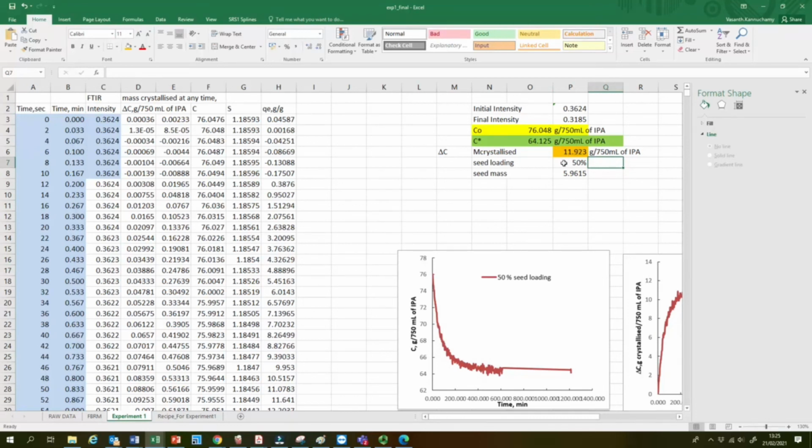And I said the first experiment we did with a 50% loading, which means exactly 0.5 of this value. So mass crystallized multiplied by 0.5 is your seed mass. We have all these values here, and then we have our intensity. This is our initial intensity, the first value 0.364, and the final intensity is 0.31825.